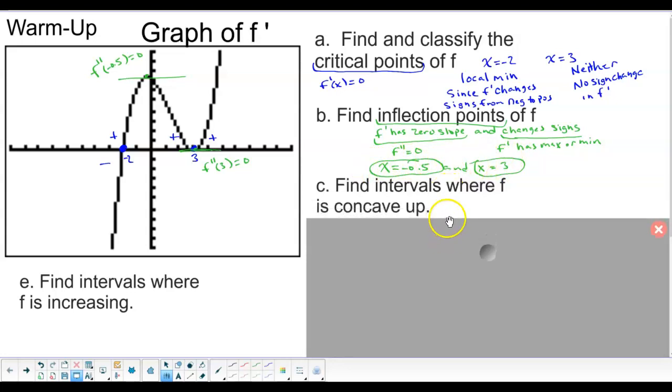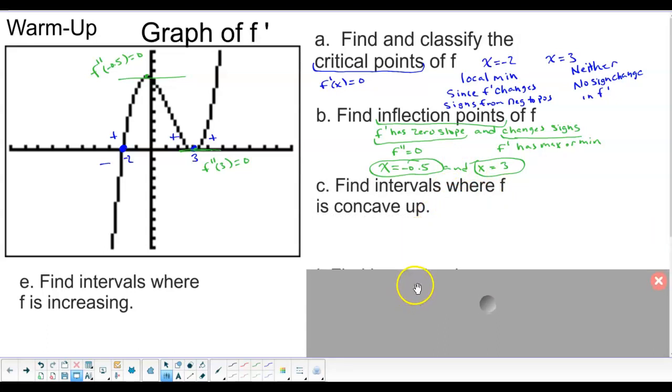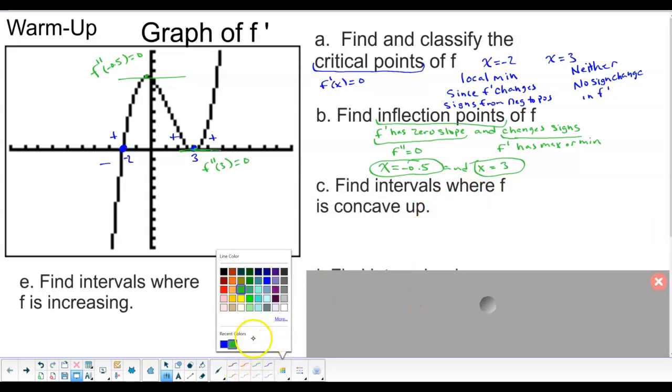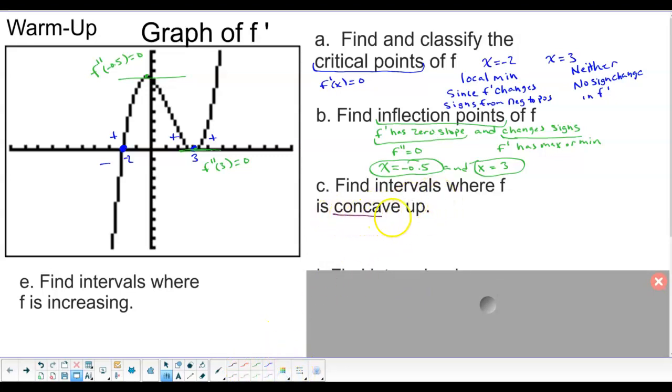All right, find the intervals where f is concave up. So what do we know about that? f is concave up anytime the second derivative is greater than 0. Well, second derivative being greater than 0, if I'm looking at the graph of f prime, that's where f prime is increasing.